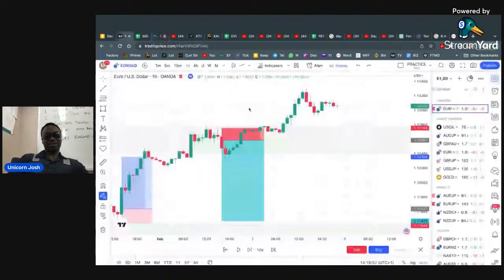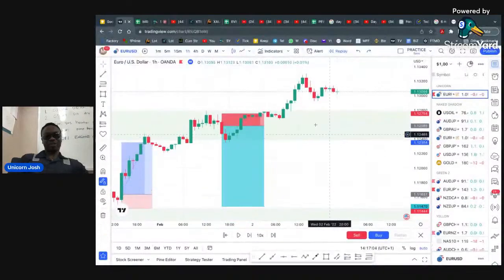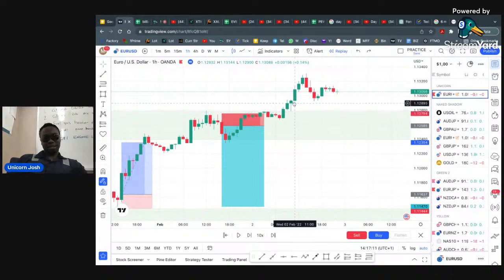Okay, good. So let's move on. This will be a good kangaroo. The only issue with this one is that it has no space to the left, so it's just indicating a continuation, not really a reversal. And kangaroo setups are supposed to be reversals.